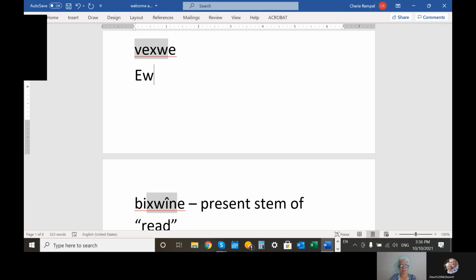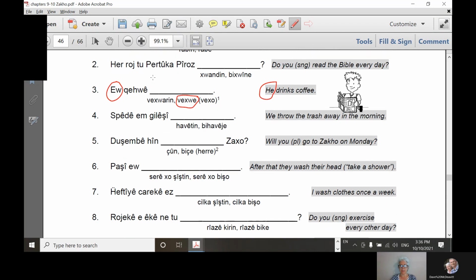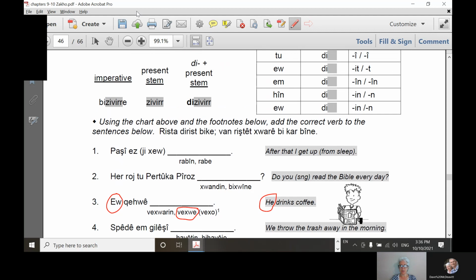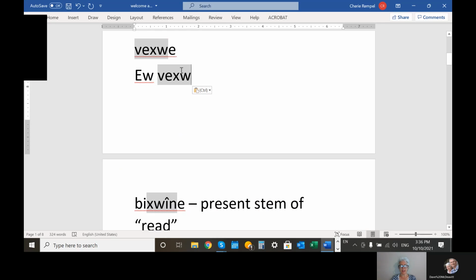Ao. I'll get to the DI in a second. So ao is our subject. He drinks coffee. So here's our ao. So it's either going to be it or t. All right. So because it ends with a w, we're going to put it.